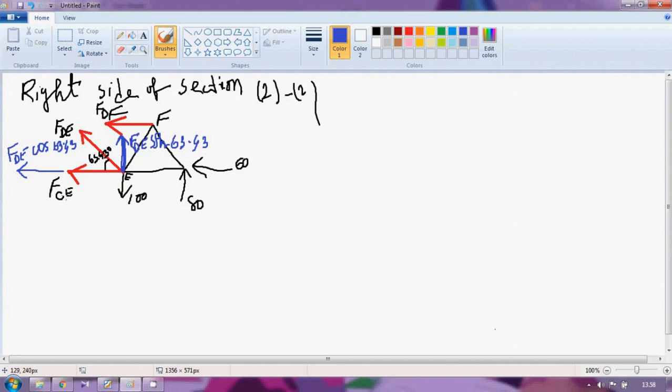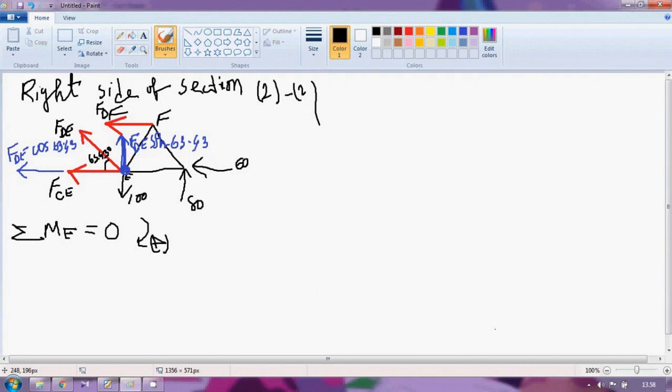So what we can do is take a moment at some point so that only one force is unknown. If I take moment at E point, for example, summation ME equals 0, what will happen? Why am I taking moment at E? Why not F?